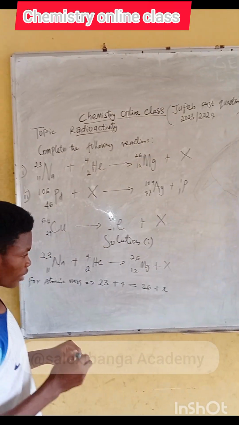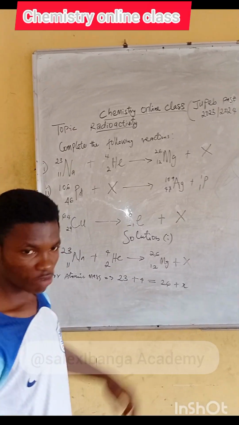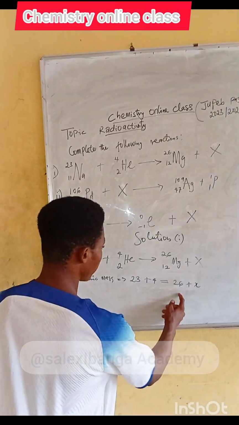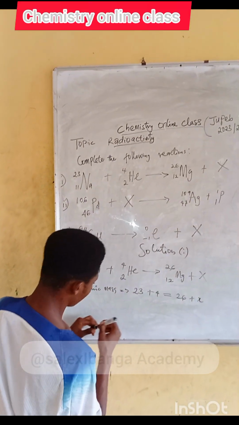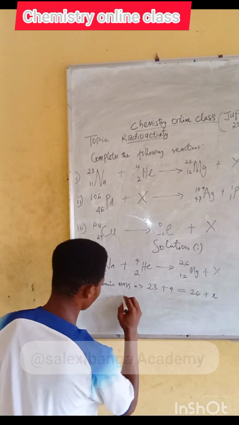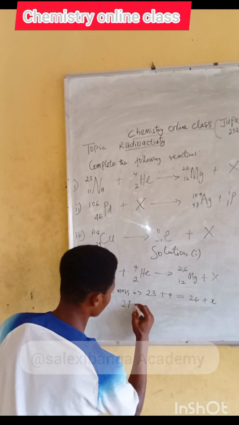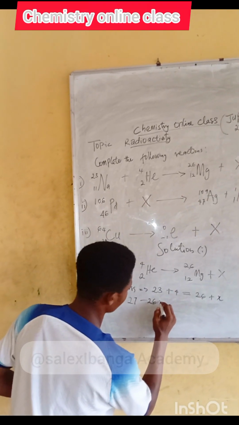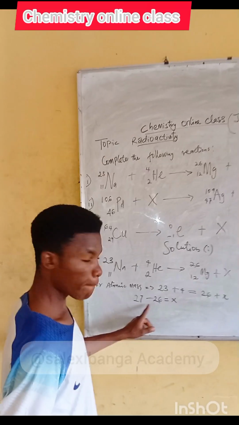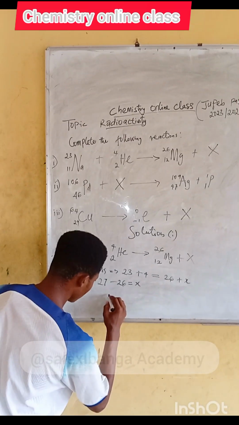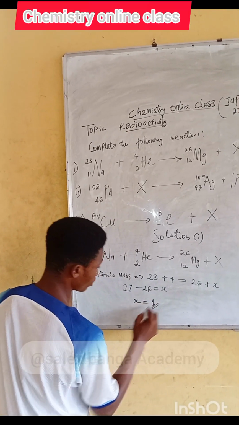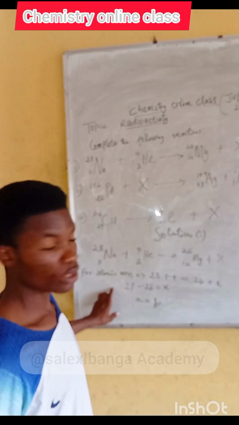I'm looking for x, so I get x by transferring terms. 23 plus 4 gives 27, then minus 26 equals x. So 27 minus 26 means our x equals 1. At the atomic mass level, x is 1.